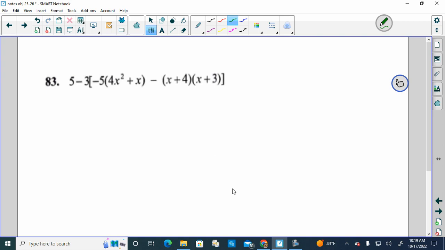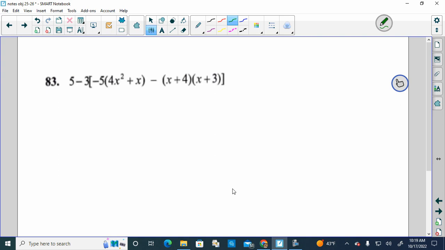Are we good? Okay, so I am going to work with the innermost part first, which technically you could do either this one or this one. Okay, I'm going to do this one and then work my way backwards going that way.